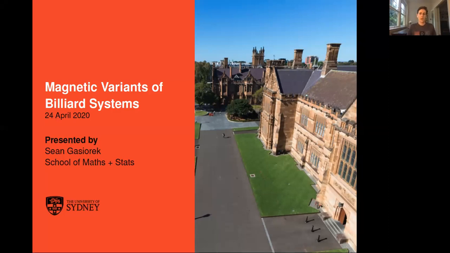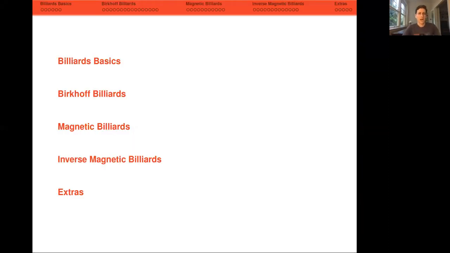So a quick outline of everything that I'll be talking about today is that we'll start with an introduction with a review of a bunch of the basics from billiards, and then we'll specifically talk about Birkhoff billiards, and then transition over to magnetic billiards and what we call inverse magnetic billiards.